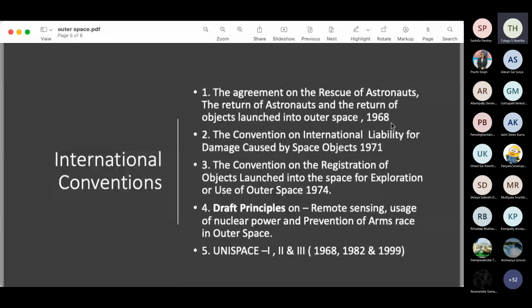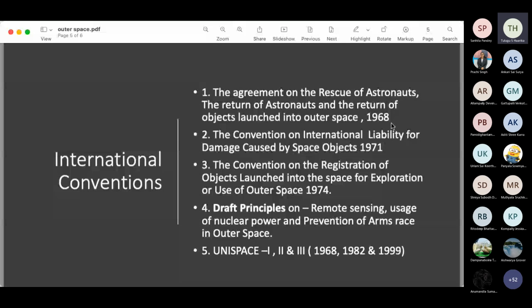And the launching authorities should make a public announcement, and all the appropriate means of communication should be identified, and through the Secretary General of the UN, they should provide the information, as well as ensure that these astronauts are rescued and returned safely.